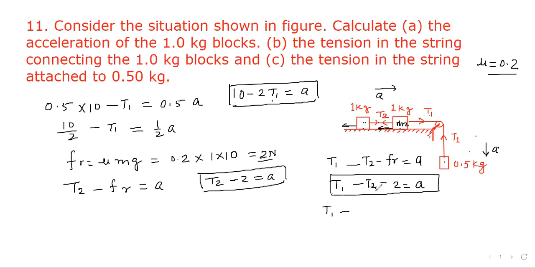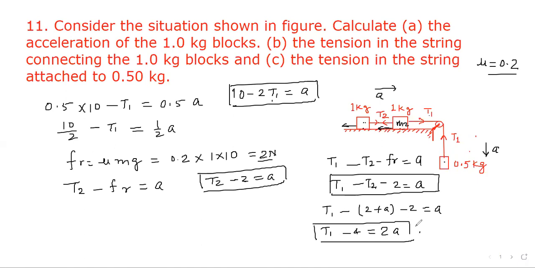So T1 minus, in place of T2 we write 2 plus A, minus 2 equal to A, or T1 minus 4 minus A equal to A. So let's write it as 2A. So T1 minus 4 equal to 2A. This is another equation. And we have this equation, 10 minus 2T1 equal to A.